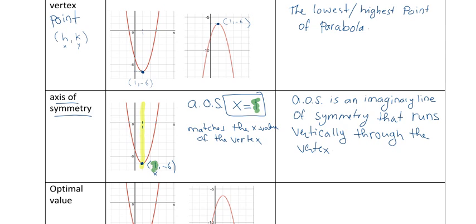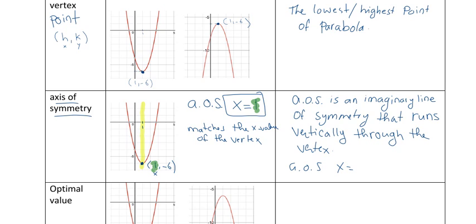Okay? So if I'm going to write it in terms of a variable, if I look at my vertex, it is h and k. What would be the axis of symmetry equal to? If I'm using the letters here, my vertex is h and k.